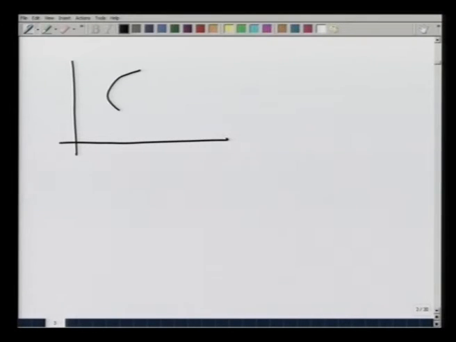In a similar manner, we define the first moment about the y axis. This is the area, and I took a small elemental area here at a distance y i from the x axis and a distance x i from the y axis. This is x axis, this is y axis.